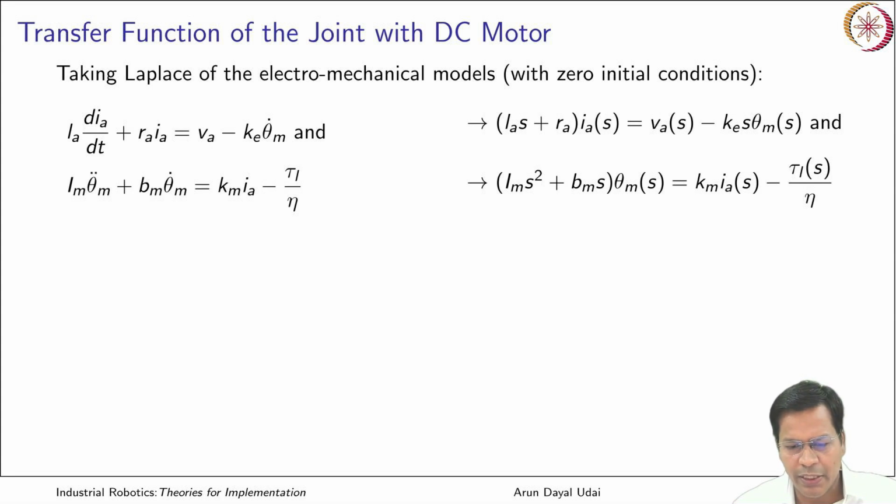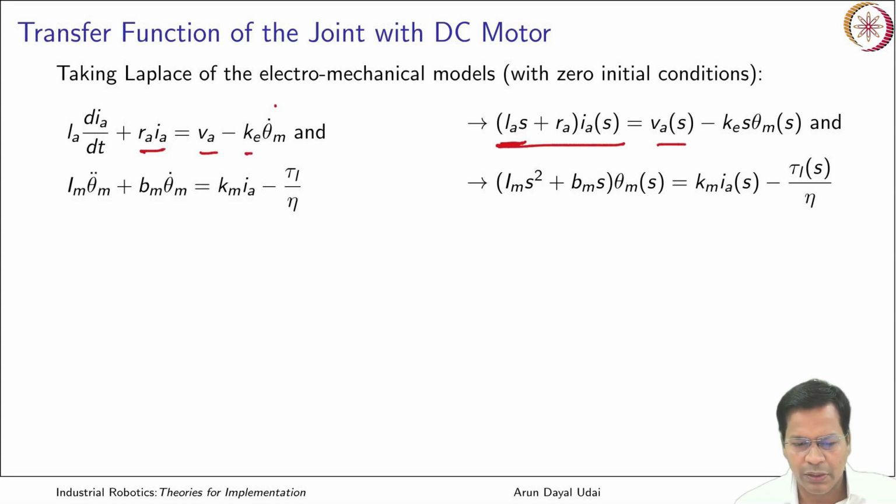You can quickly see it here. La is constant, current is varying, so it is La s into Ia(s). So s is taken out, and similarly Laplace of Ia will be Ia(s). Taking common, I get this. On the right hand side, Va becomes Va(s), K is constant.